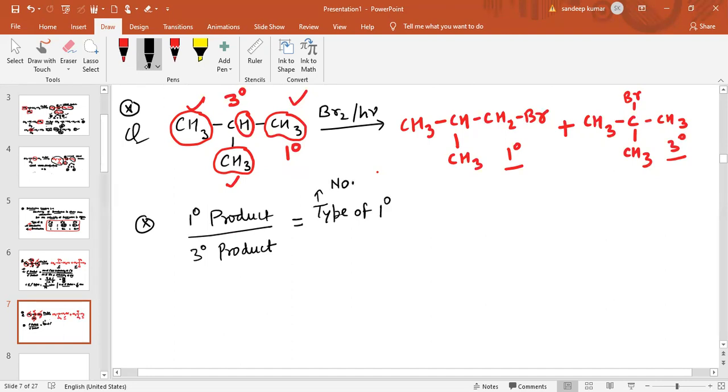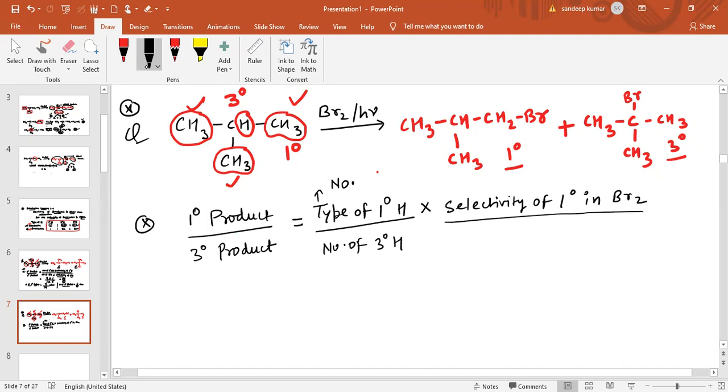So the number of 1 degree hydrogen divided by the number of 3 degree hydrogen, and the number of 1 degree hydrogen multiplied by the selectivity of 1 degree in bromination, divided by the selectivity of 3 degree in bromination.